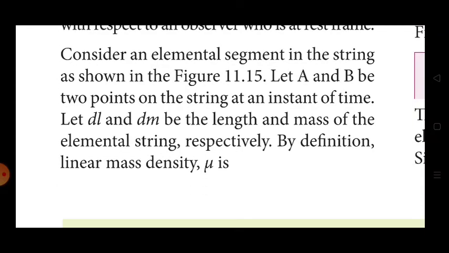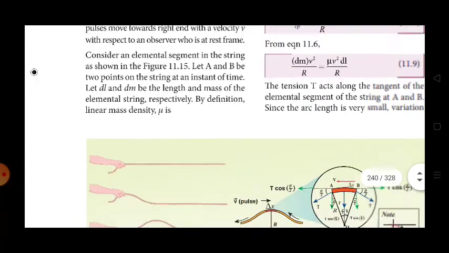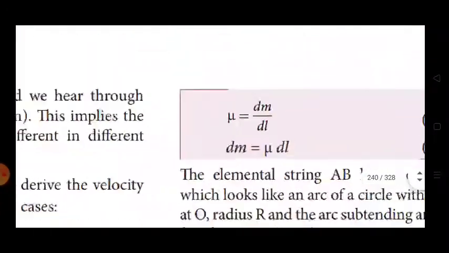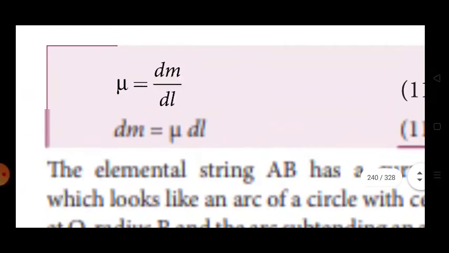By definition, linear mass density mu is equal to dm by dl. dm is equal to mu into dl.